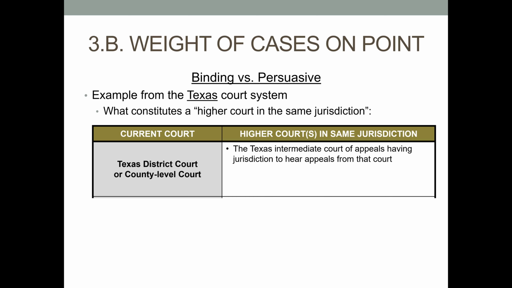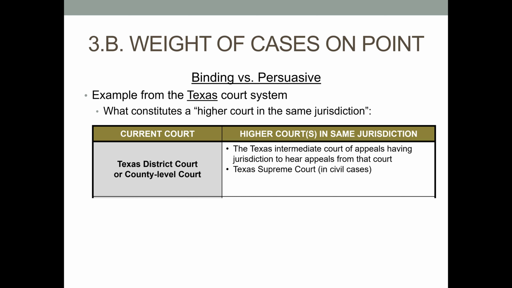Again, not all 14 of Texas's intermediate courts of appeals' opinions will be binding. Of those 14 courts of appeals, it would be only the one that has appellate jurisdiction over the particular trial court that your client is in. Now, of course, the Texas Supreme Court is a higher court in the same jurisdiction.